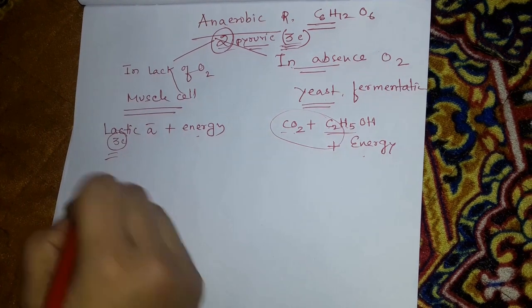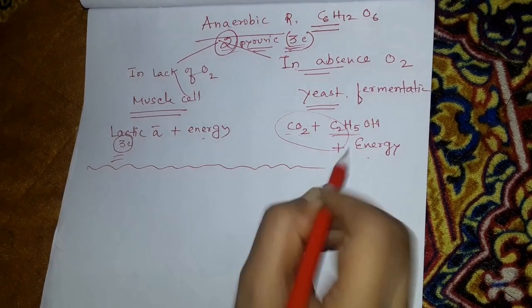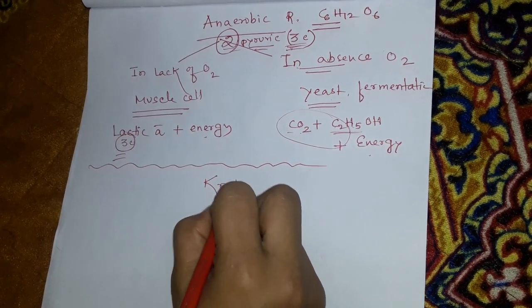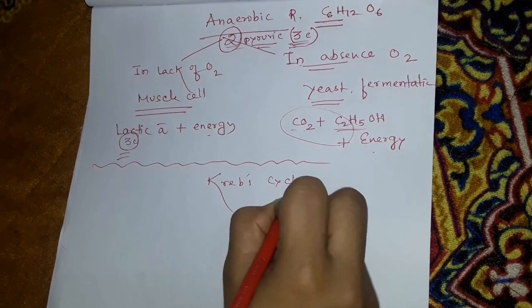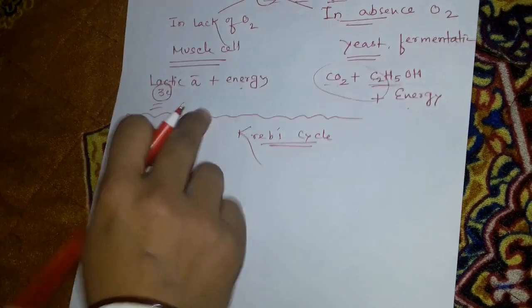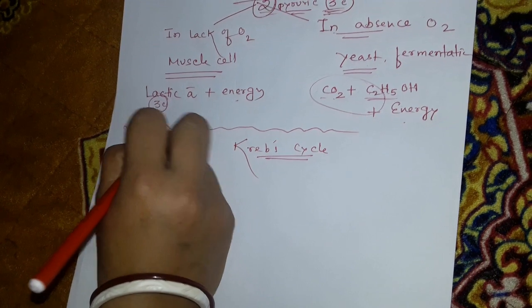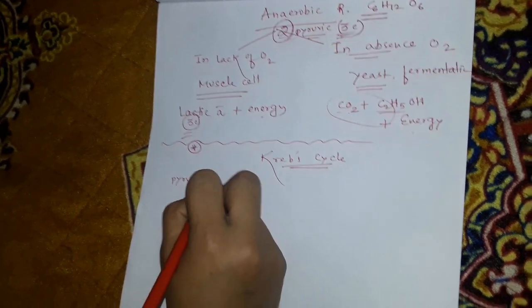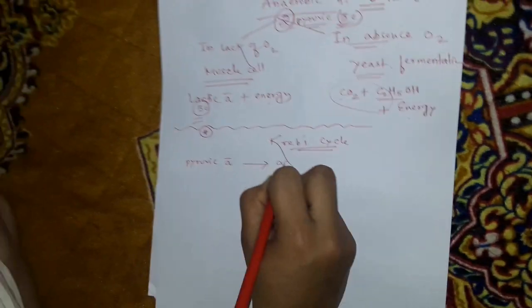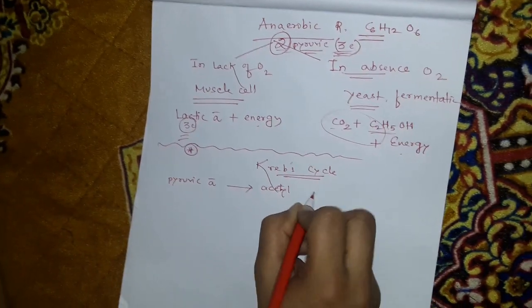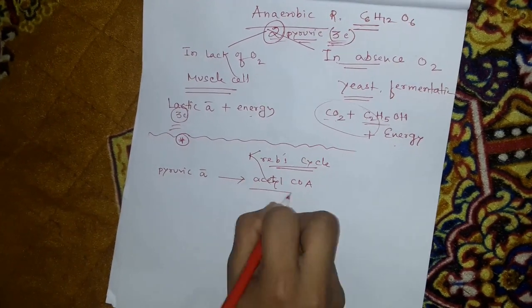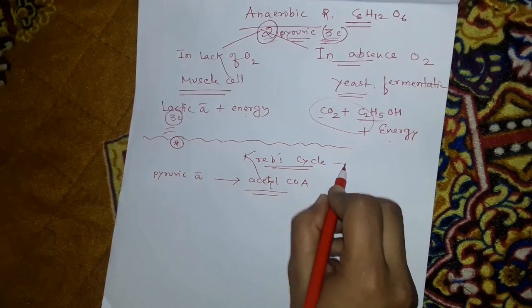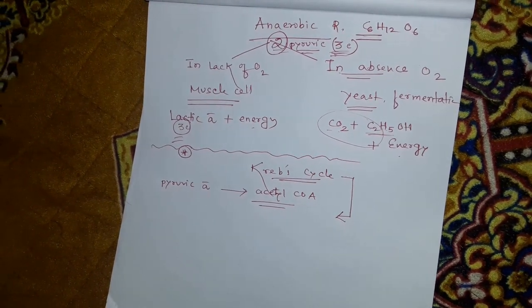Okay. Now let's move to the next hub, the Krebs cycle. Before that, there was one step. What is the step? First this pyruvic acid forms acetyl-CoA. Acetyl-CoA is not a part of the Krebs cycle. The Krebs cycle comes after this.